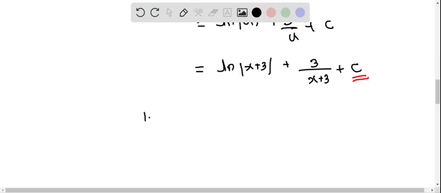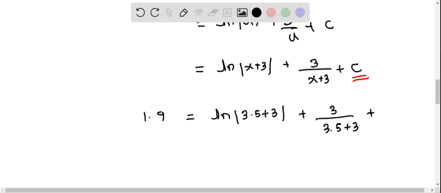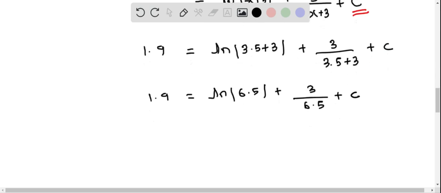P of x equal to 1.9, so we plug it on the left side, and x equal to 3.5, in the natural log of the absolute value of 3.5 plus 3, plus 3 over 3.5 plus 3, plus c. When we simplify this, we get 1.9 equals the natural logarithm of 6.5 plus 3 over 6.5 plus c. We can plug this into the calculator and solve for c. After doing that, we get the value of c equal to negative 0.04.